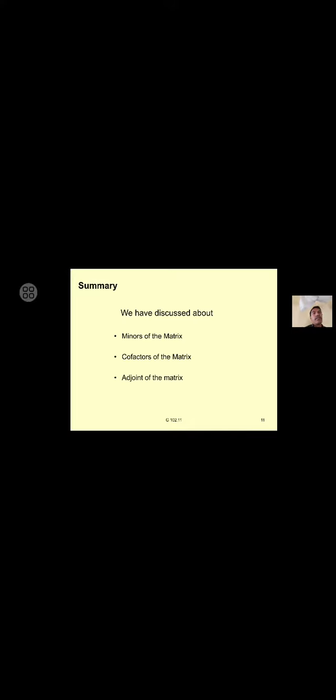So, minor of the matrix means, in a matrix, for the element whose minor we have to find, we have to delete the row and column where that element is located, where the element is intersected with row and column.